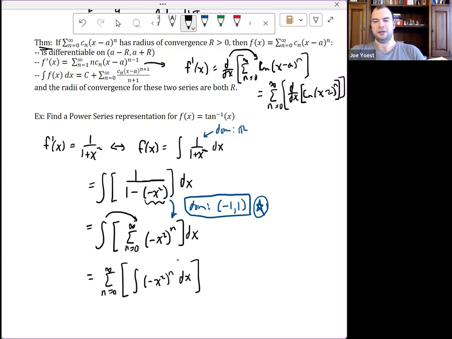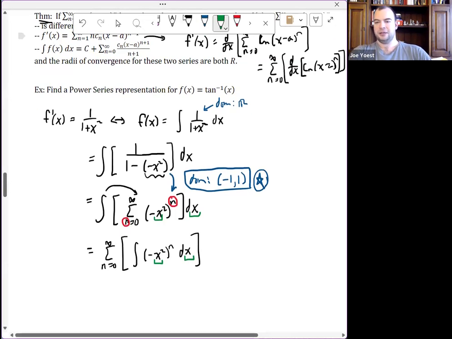Be really aware here of which letters are the variables in which contexts, right? The summation, its variable of interest is n, where the integral, its variable of interest is x. So this integral on the inside, its variable of interest is x.